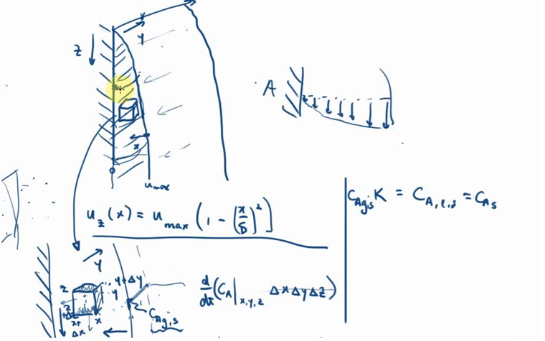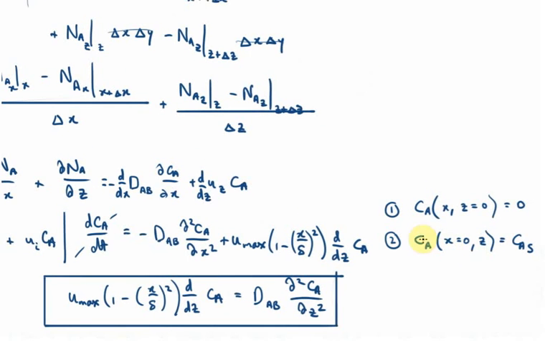Your component A concentration here will be such that there's no diffusion flux into the wall. So if there's no diffusion flux into the wall, then there's no driving force for diffusion, and so the gradient there must be 0. So we can say here that at position x equals delta, the gradient must be 0.